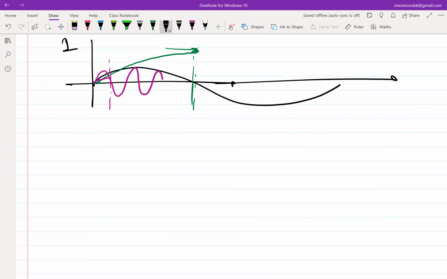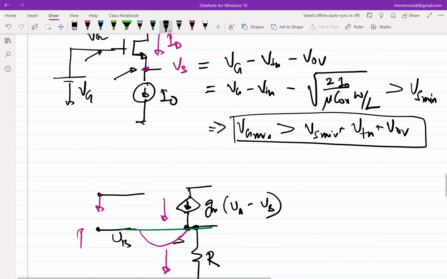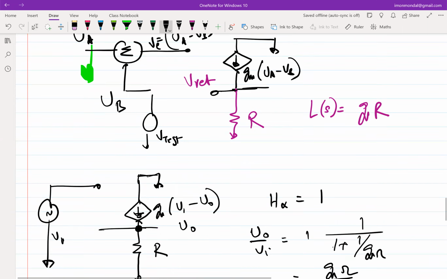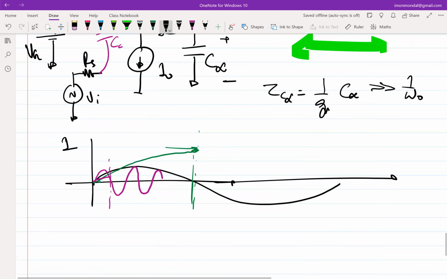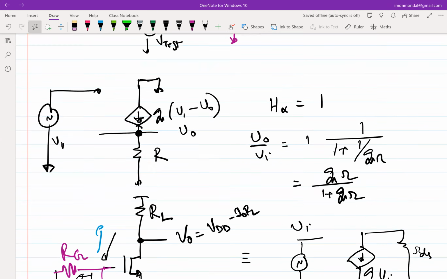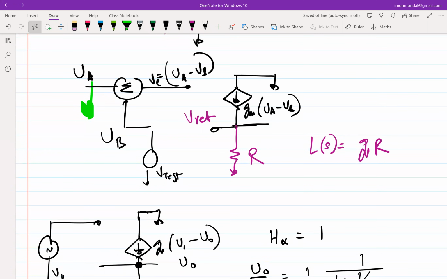Let me go back to one more. Here we find LS to be GMR, right?